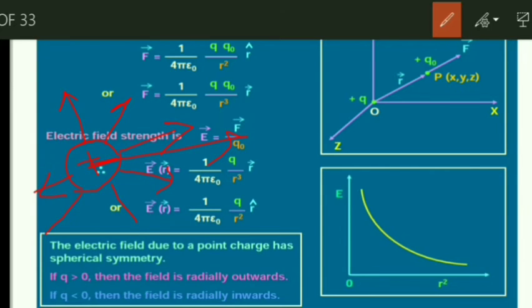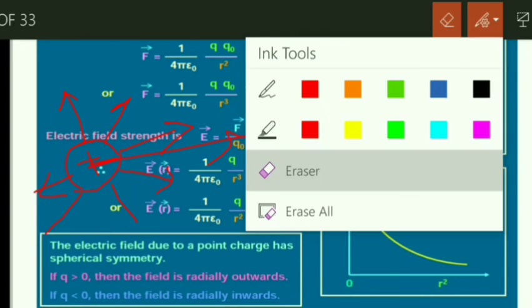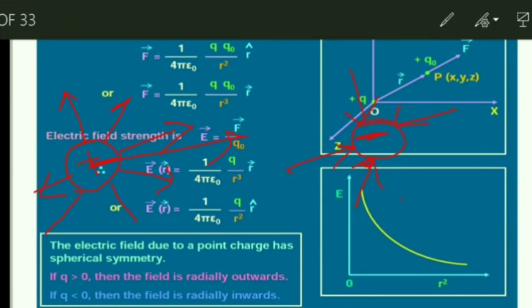So a positive charge has an electric field which is radially outward, and if I have a negative charge, its electric field will be radially inward, meaning the electric field will act like this. So friends, this point should be noted.